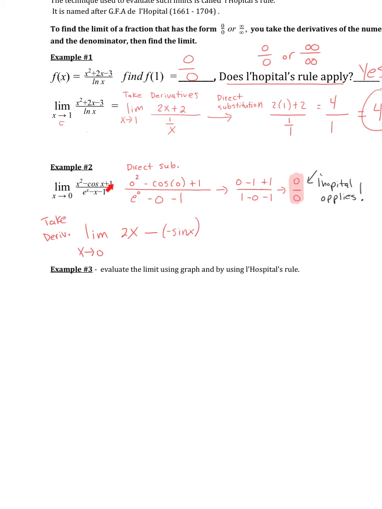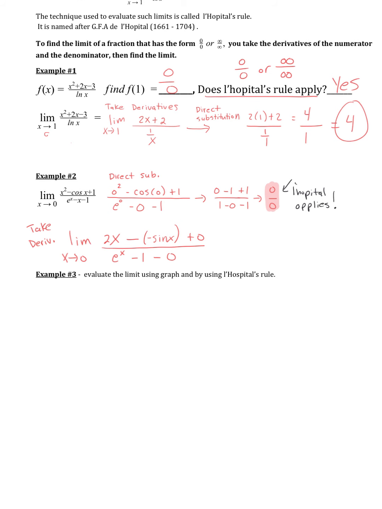And then, of course, the derivative of 1 is 0. Now we take the derivative of the denominator. The derivative of e to the x is simply e to the x. The derivative of x is 1. And the derivative of negative 1, of course, is 0.